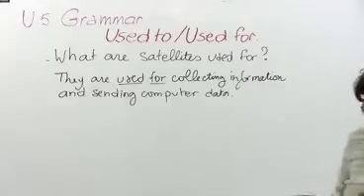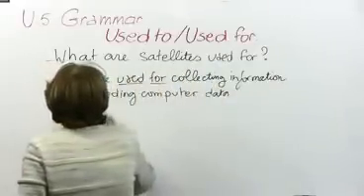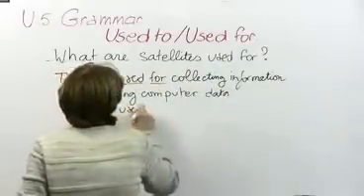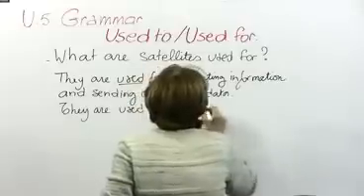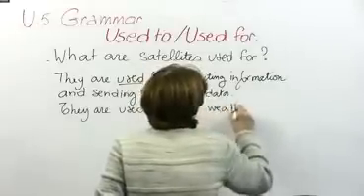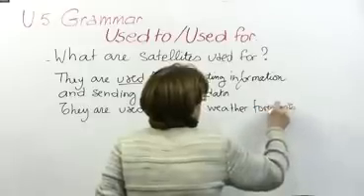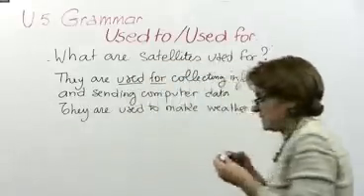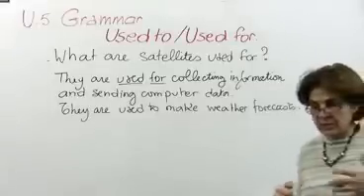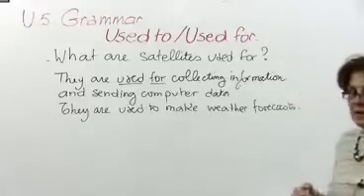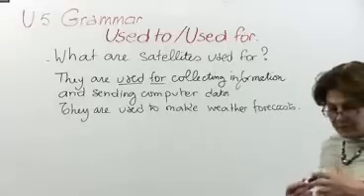We can also say they are used to make weather forecasts. Weather forecasts means to send information about the weather, if it is going to rain, if it is going to be cold, if it is going to snow, if it is going to be windy.